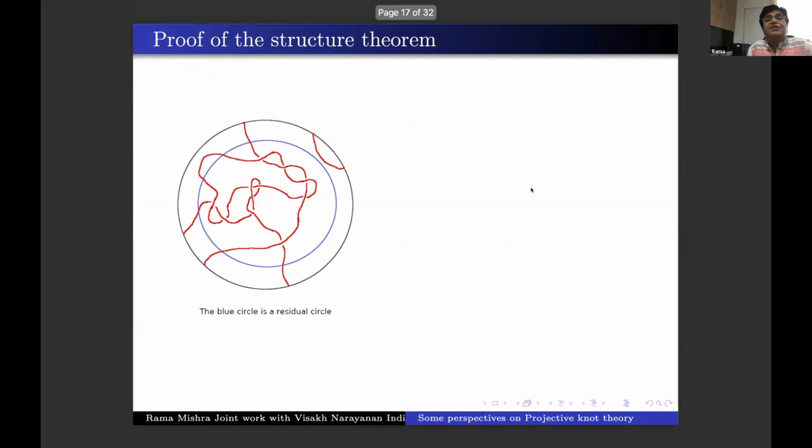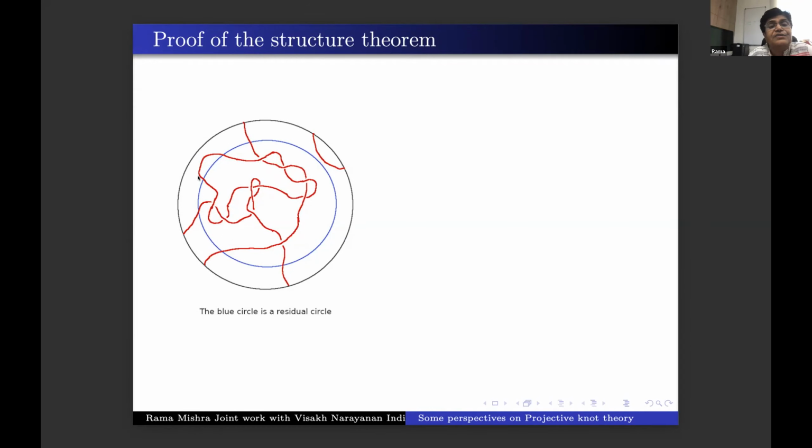So if we would like to see the proof, this diagram demonstrates it. You look at the ball model. Inside that, if we can choose a big circle which contains all the crossings, then outside you will have some bunch of arcs. Now you can have several cases.